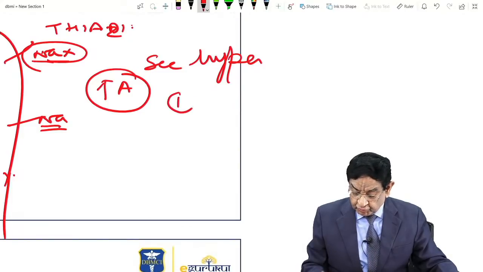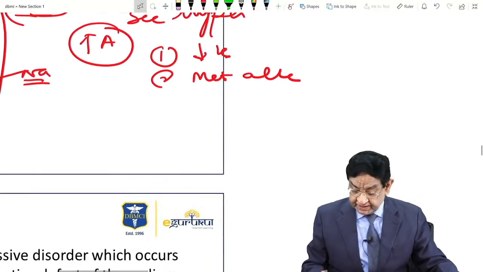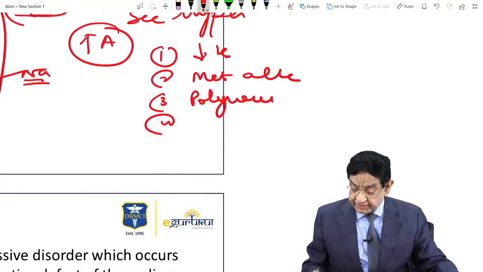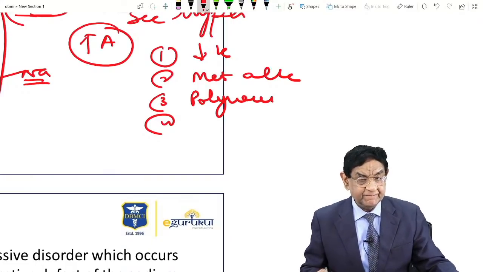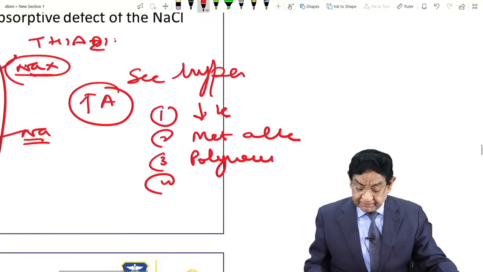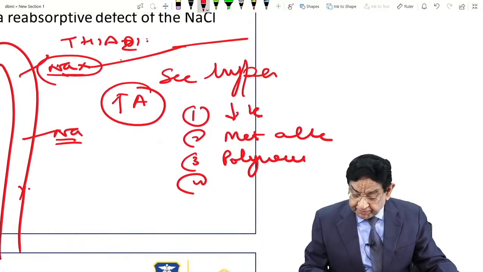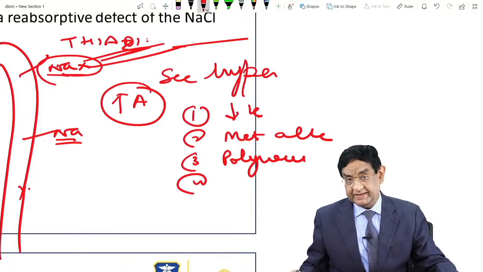So it will lead to what? Low potassium. It will lead to metabolic alkalosis. Exactly the same. It will lead to polyuria also. This is what happens when we use thiazide. Now, in Gitelman syndrome, there is a congenital defect of sodium reabsorption at this place where the thiazide is acting.